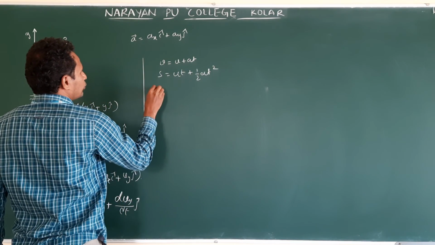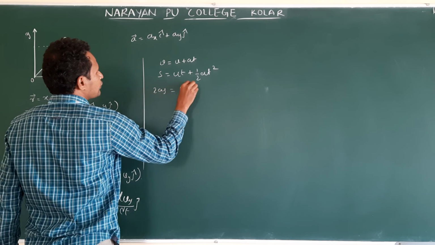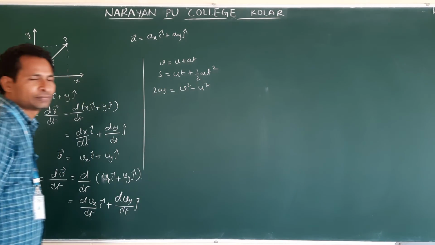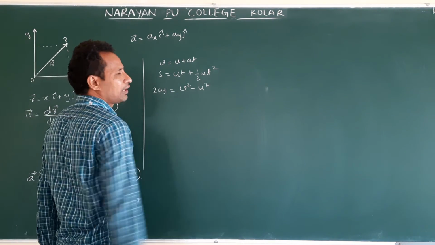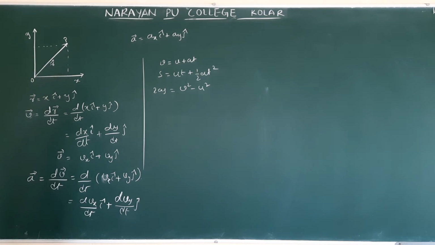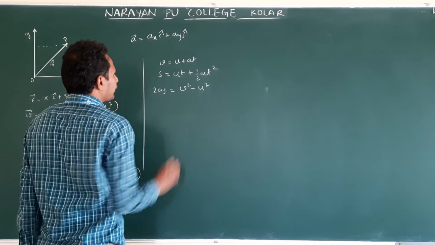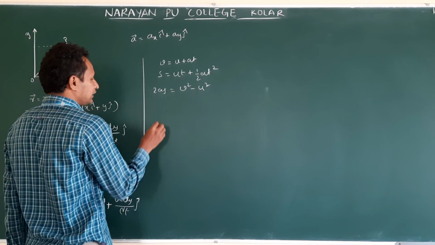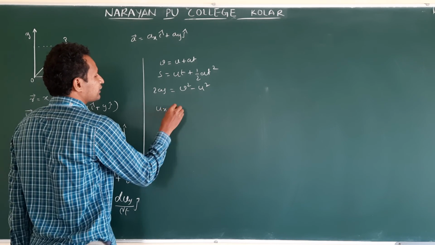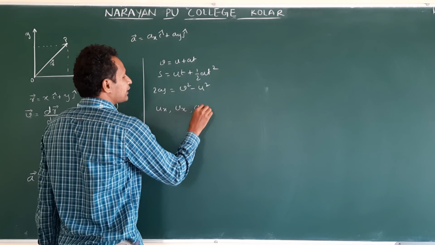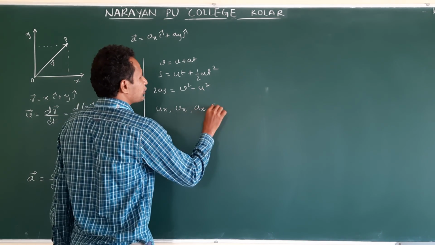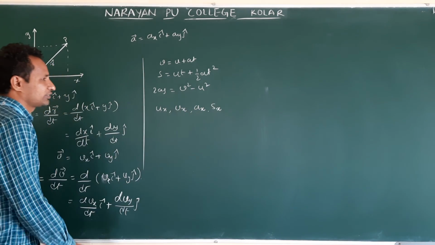Next, 2as is equal to v square minus u square. Understand? So v square minus u square is equal to 2as. That's no problem. I have written like this. Nothing changes. Okay. All parameters are taken along x direction: initial velocity along x direction, final velocity along x direction, acceleration along x direction, displacement along x direction.